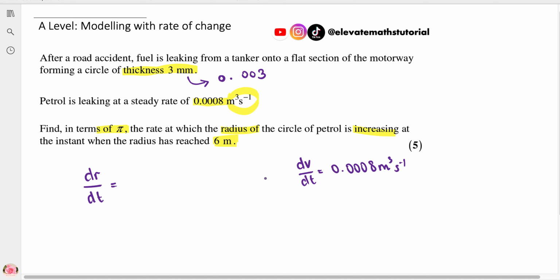Okay, so if we have dV over dt here, then what we need here is dr over dV times dV over dt. So that's the chain rule, and the linking component is this. So we need to find the volume in terms of r, and then we need to differentiate it. Okay, so let's get that started.